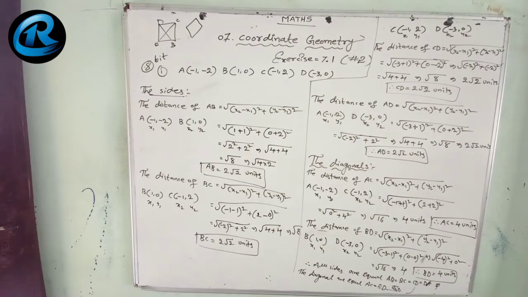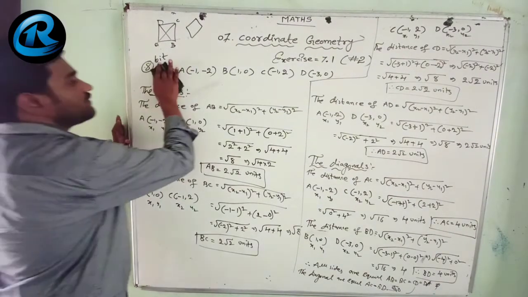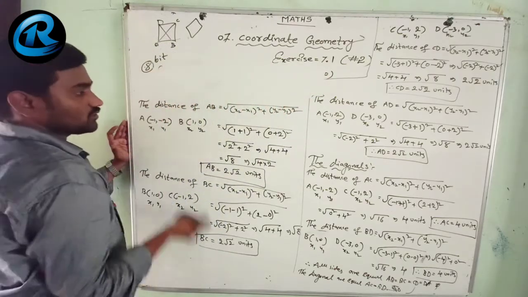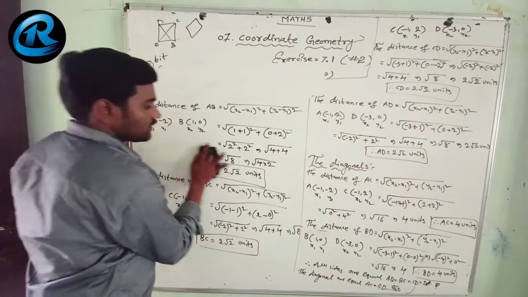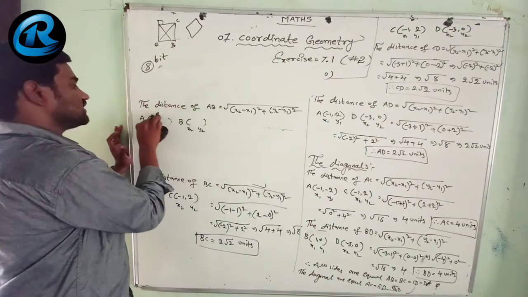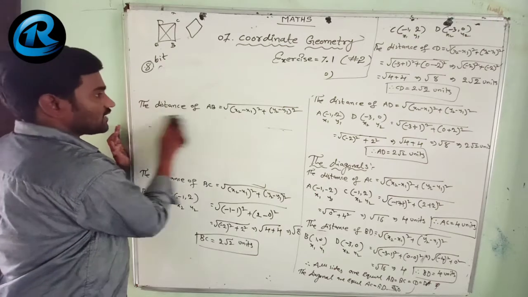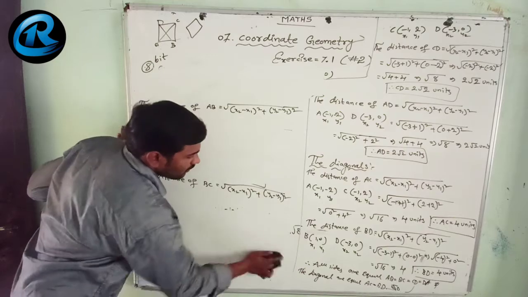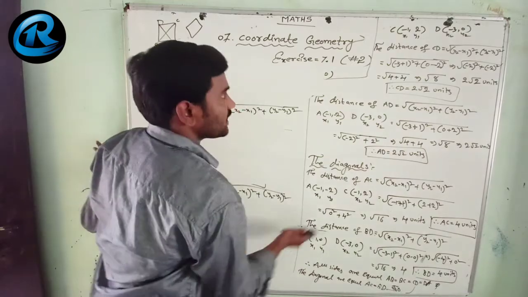So I hope you understood this problem. In the same way we have to find out the second question also. In the same way we have to solve it, but the points may change. So we will write the new points, and the remaining things will be the same. All these formulas will be the same again.